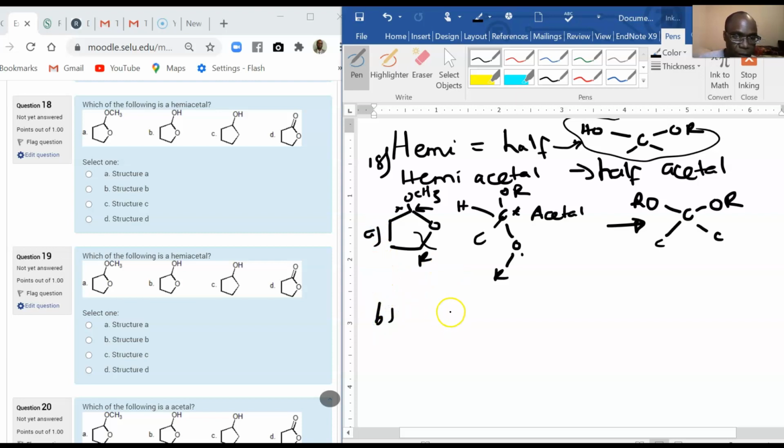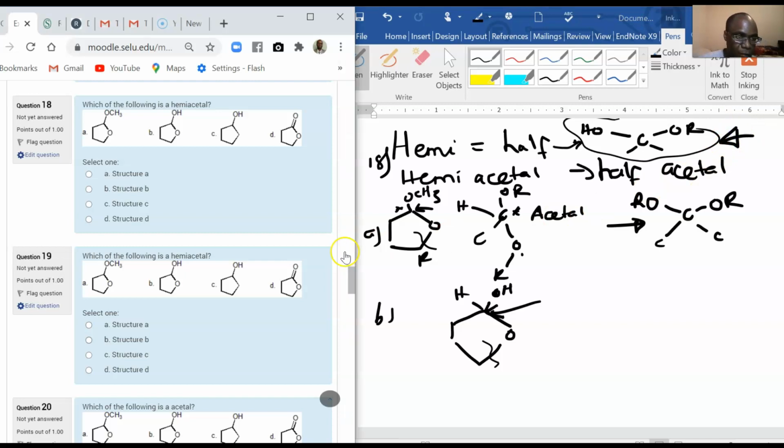So for B, B is a hemiacetal because this carbon right here is bonded to an OH and an OR group. Okay, this whole thing, the rest of the ring, is the OR group. So that's hemi because it looks similar to that. Of course, C is an alcohol and D is an ester.